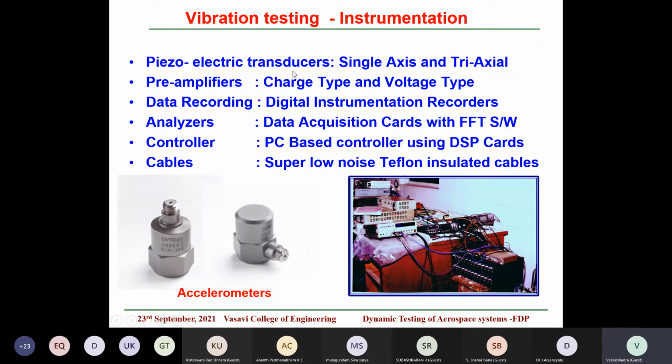For piezoelectric accelerometers the frequency response is typically from a few hertz to kilohertz, and it is not DC, because the piezoelectric effect itself means an output is seen only when there is dynamic motion. So if you want to measure a DC response also, then we have to go for piezo capacitive or piezo resistive kinds of accelerometers, and not piezoelectric.